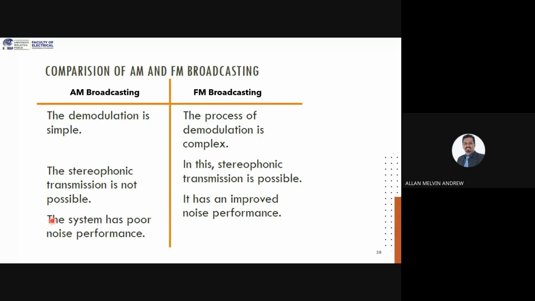So stereo means two combined into one. Stereoscopic is for vision, and stereophonic, phonic means sound. So stereophonic means you have two sound sources combined into one.